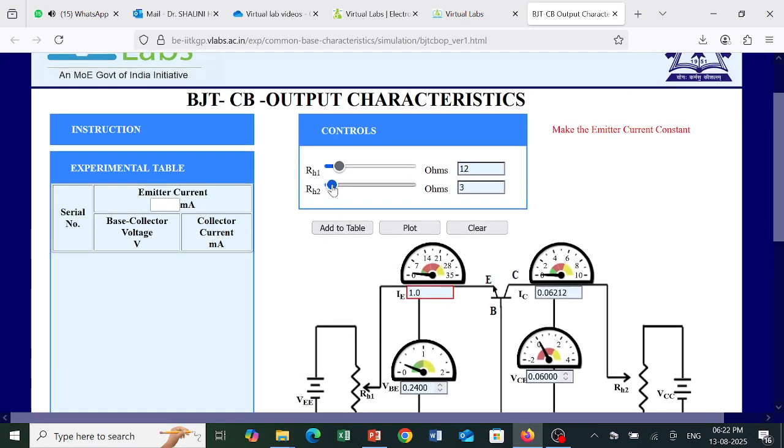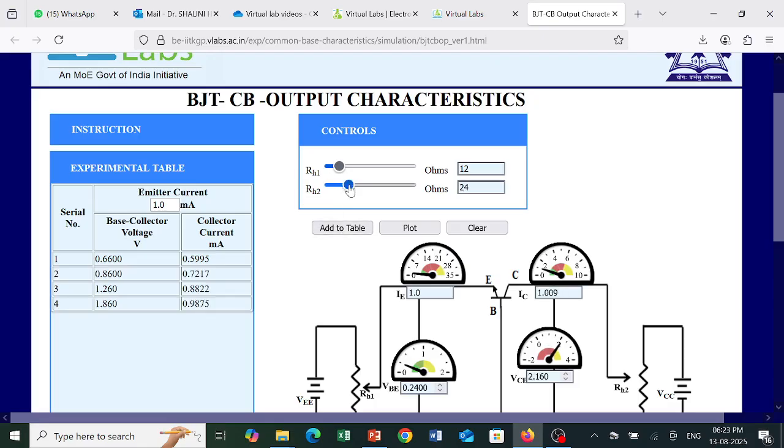Now with the same procedure, we can see the RC and VCB values getting increased. So we will increase, tabulate the value, increase, tabulate the value, increase, tabulate the value. This is how we will be getting the values here.